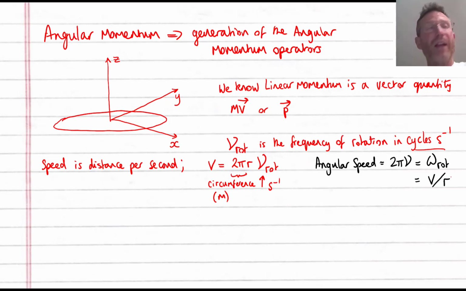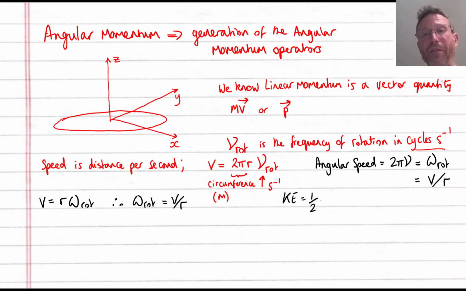How do we know that that is true? v is equal to r omega of rotation, and so therefore omega of rotation is equal to that v over r term. What else do we know in here? Kinetic energy is equal to half mv squared.